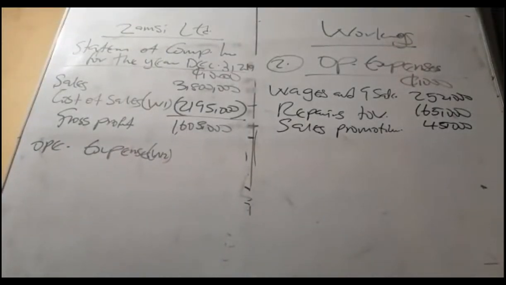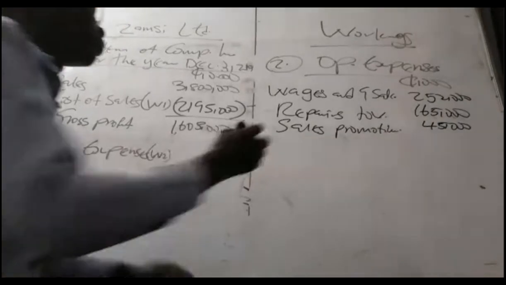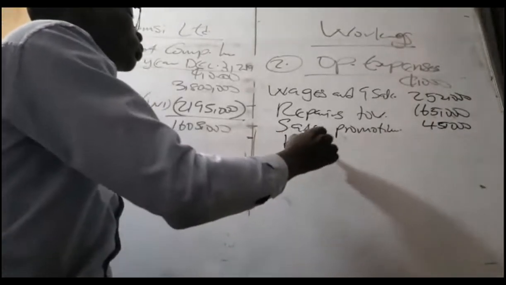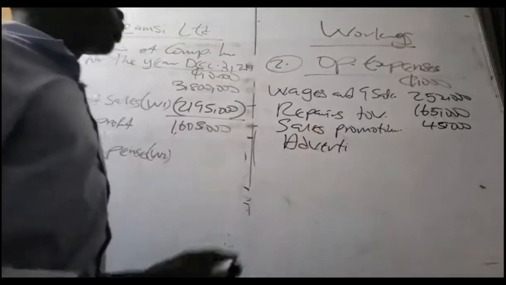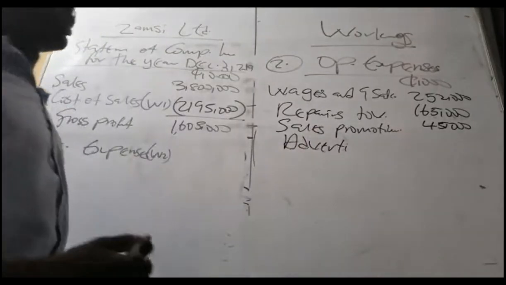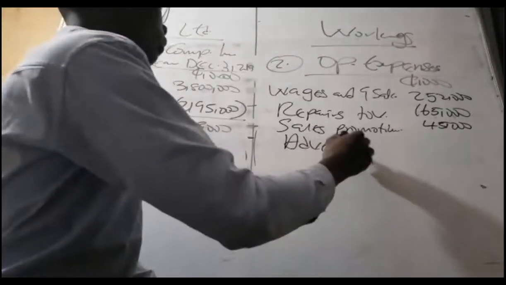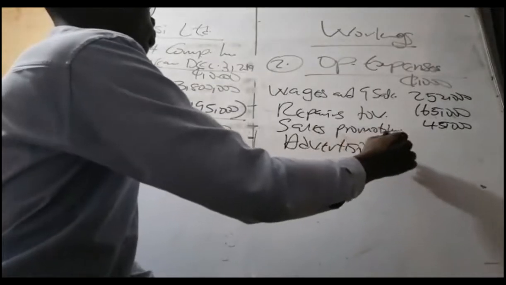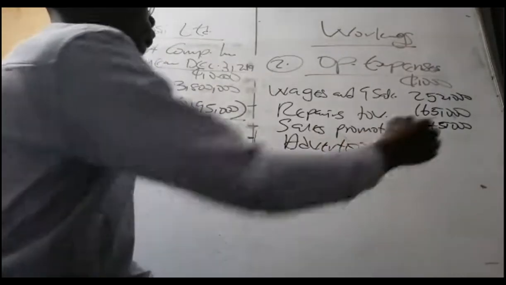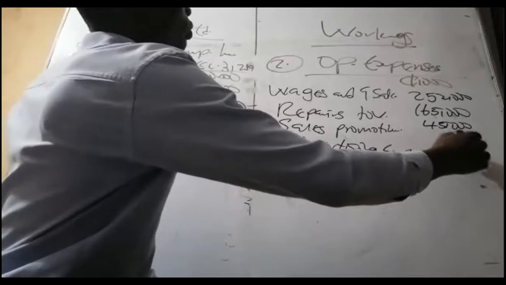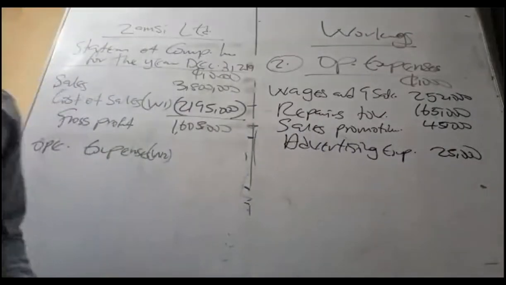The next one is advertising expenses. All of these are no doubt affected. Advertising expenses is 25.